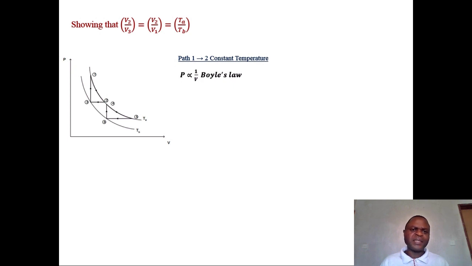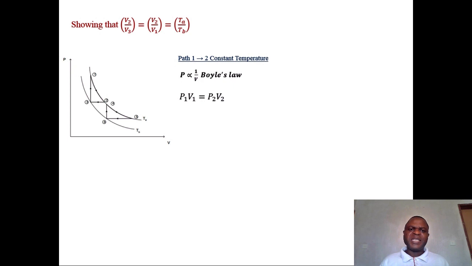From 1 to 2 the temperature is constant, because it is an isothermal process, and the relation that holds is that pressure is inversely proportional to V, as you can see from the plot of the curve at T. It will be an isotherm where P is inversely proportional to V, which is called Boyle's law. I think we've done it in our lecture.